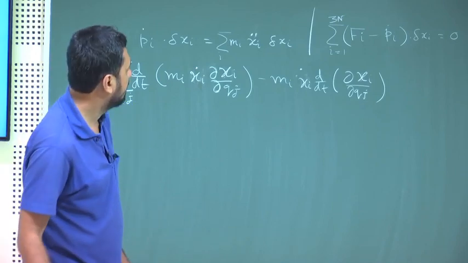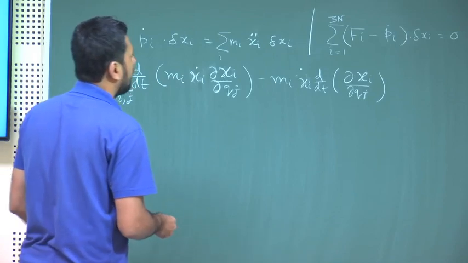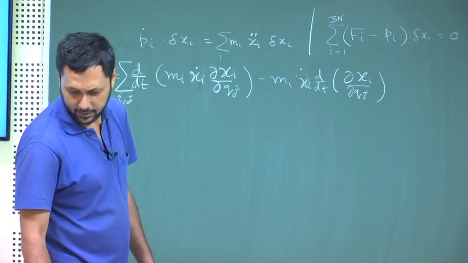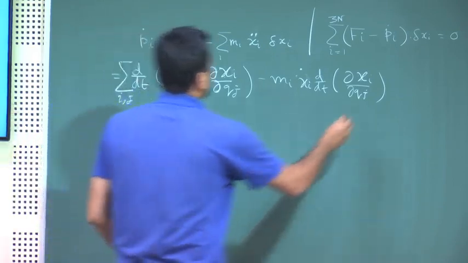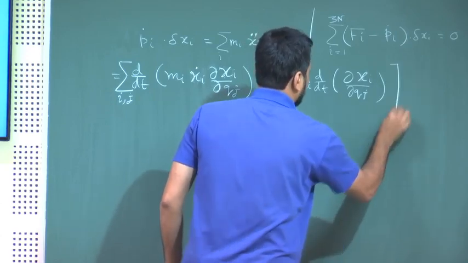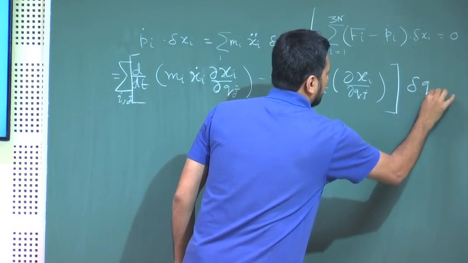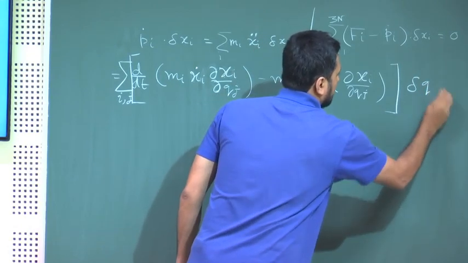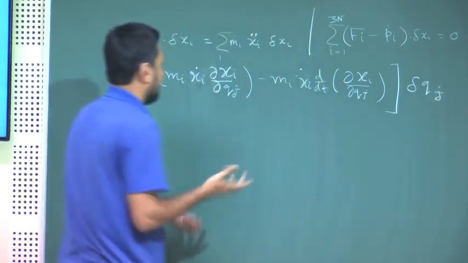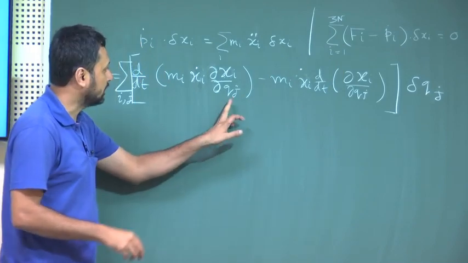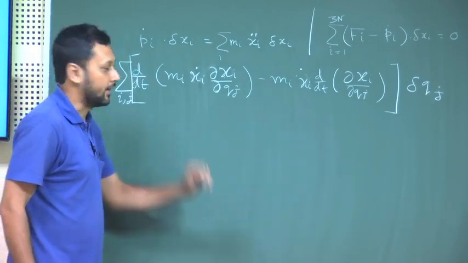This whole thing will be multiplied by del qj, or qk, whichever index you want to use, we can use j or we can use k.